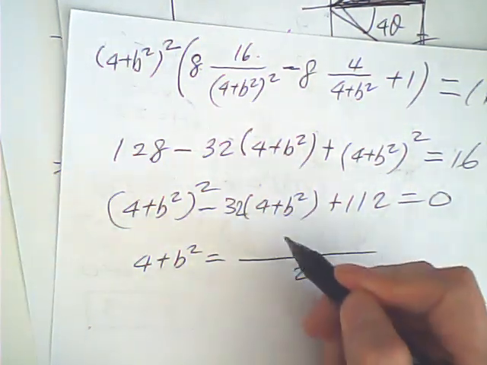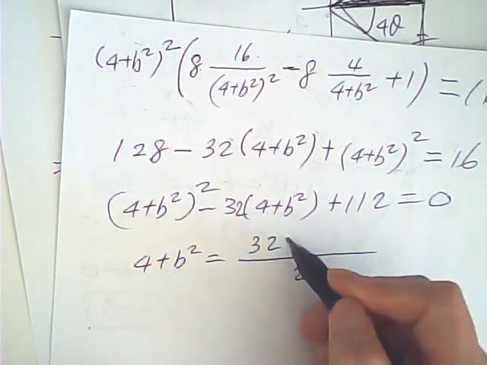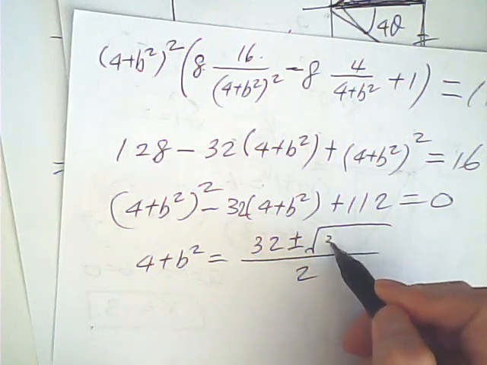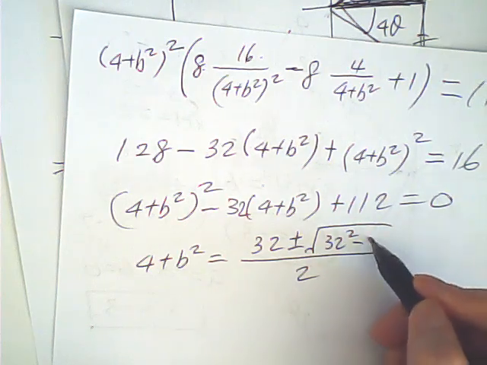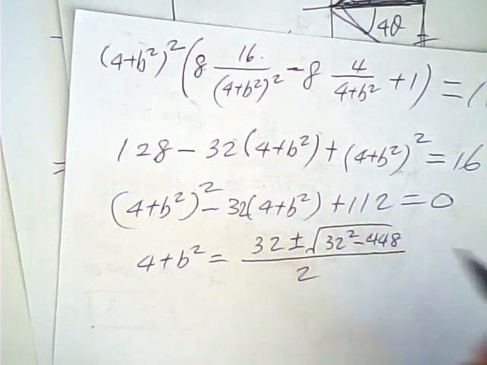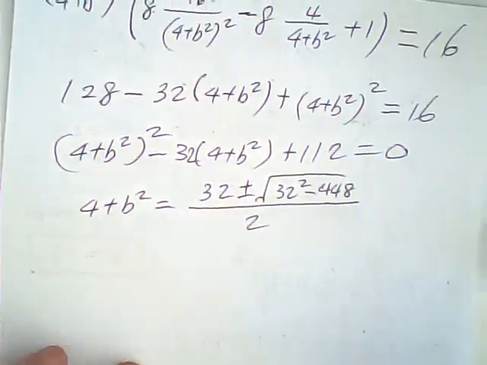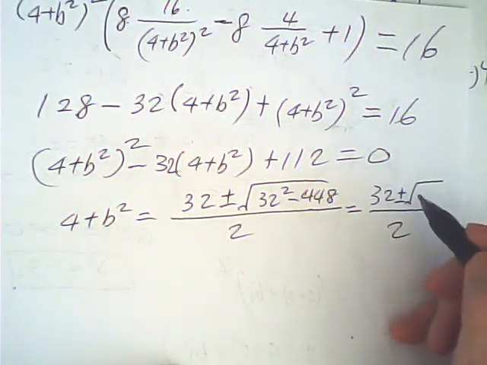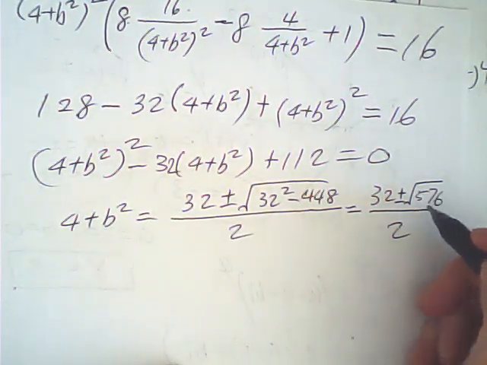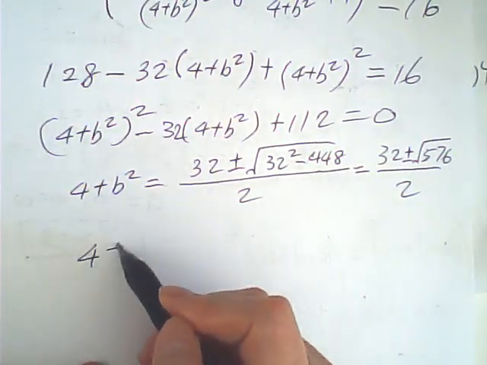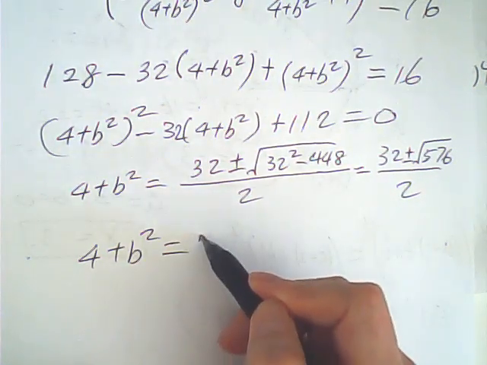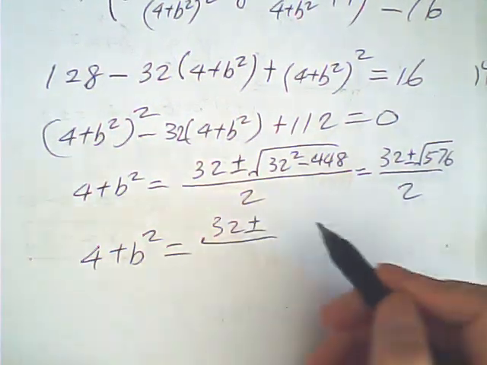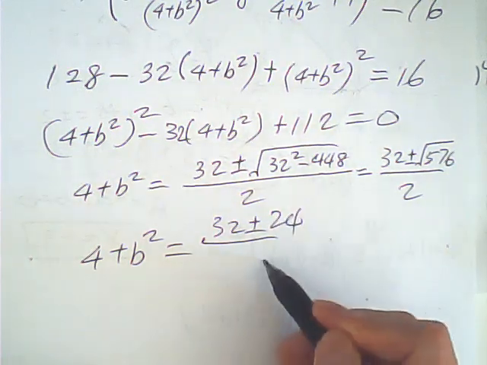So that's the quadratic formula: 4 plus b squared is equal to half of 32 plus or minus the square root of 32 squared minus 4ac, and 4ac is 448. Well, this is equal to 32 plus or minus the square root of 576, which is 24, which is good.